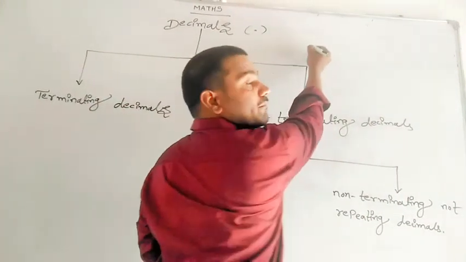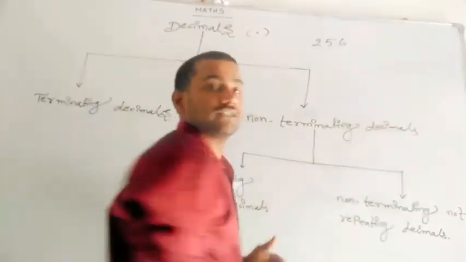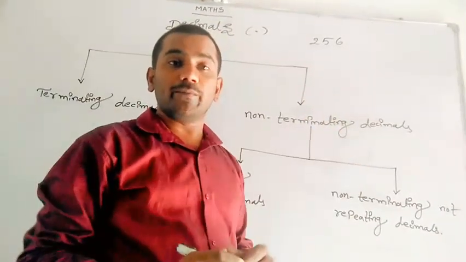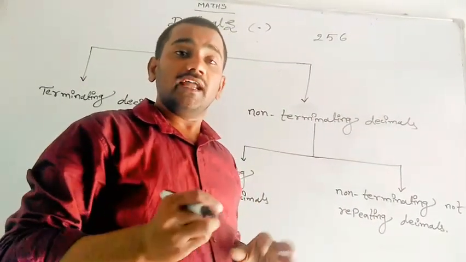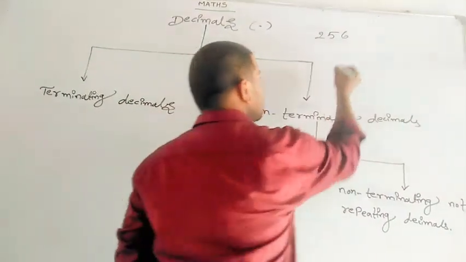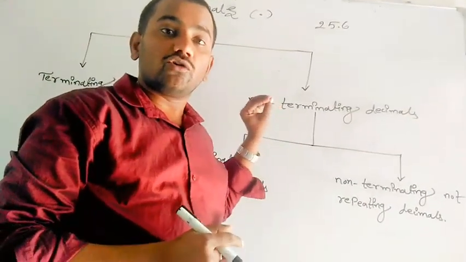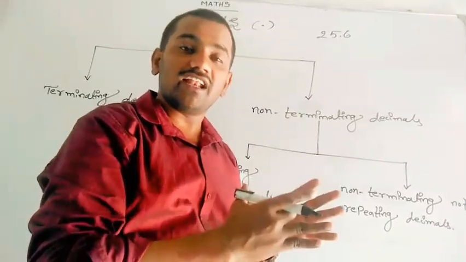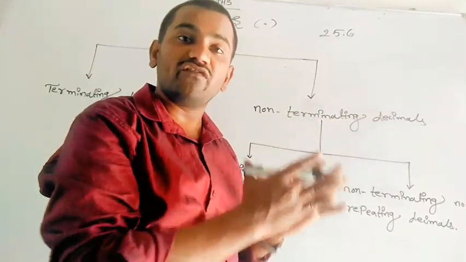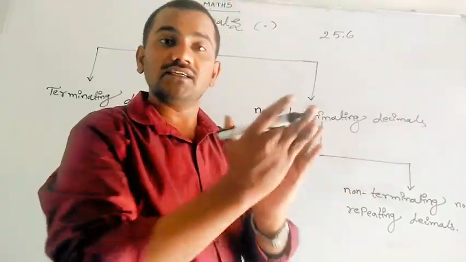See, let us take one number, 256. This is a number. There is no decimal expression here. Then let us put a point here. Now it is 25.6. That means this decimal has divided 256 into two parts, 25 and 6.